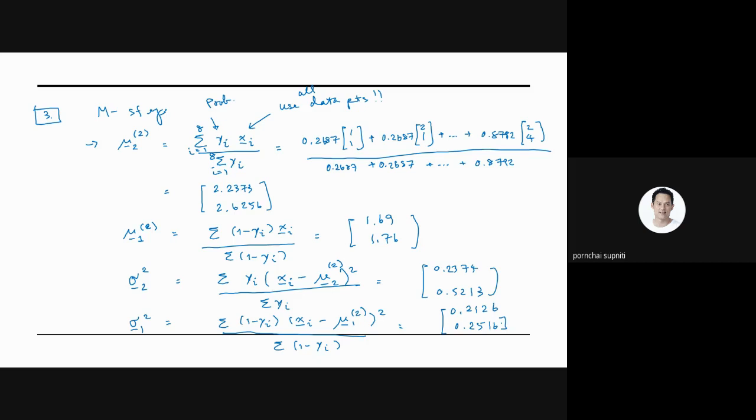Okay. And lastly, we don't finish yet. We have to recompute the alpha. For the alpha, for the second iteration, I put the iteration up here. So for the second iteration, what is the alpha?